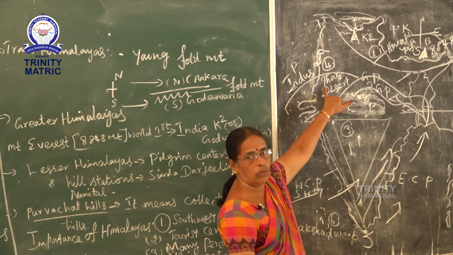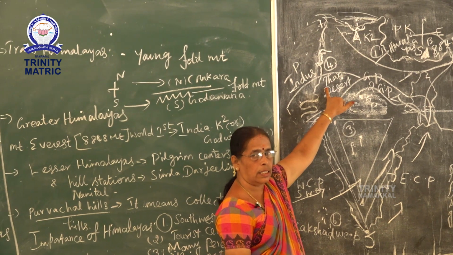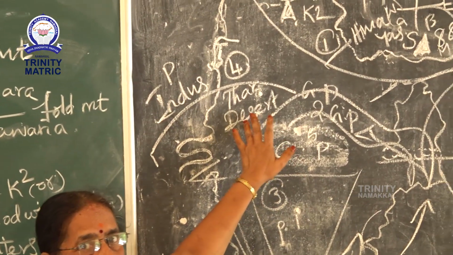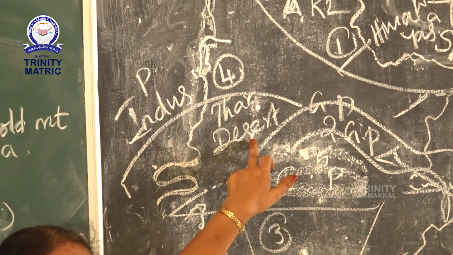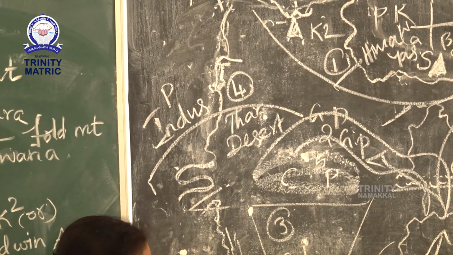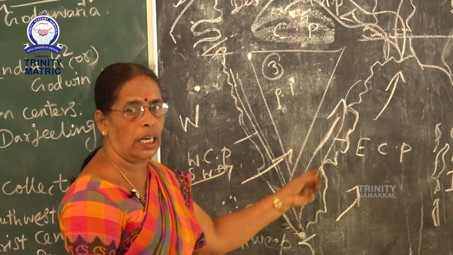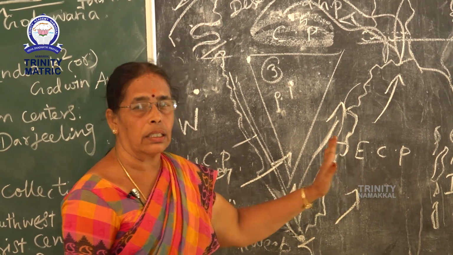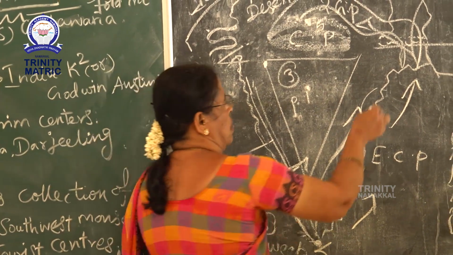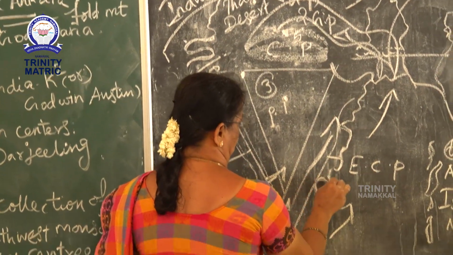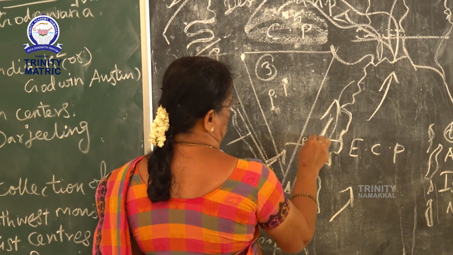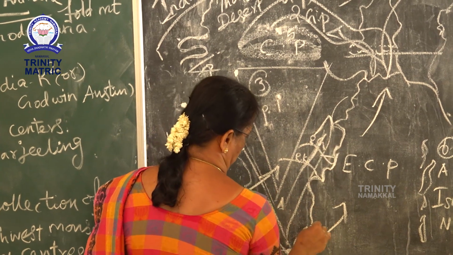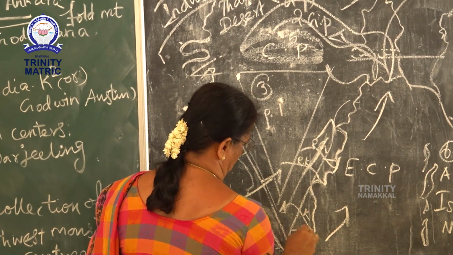And the fourth division, what? The Great Thar Desert. This is the seventh largest desert in the world, and in India, the Great Thar Desert. The fifth one is the coastal area, east coastal and west coastal. On the east coast, there are so many rivers: the Mahanadi river, the Krishna river, the Godavari, the Kaveri river and the Vaigai river.